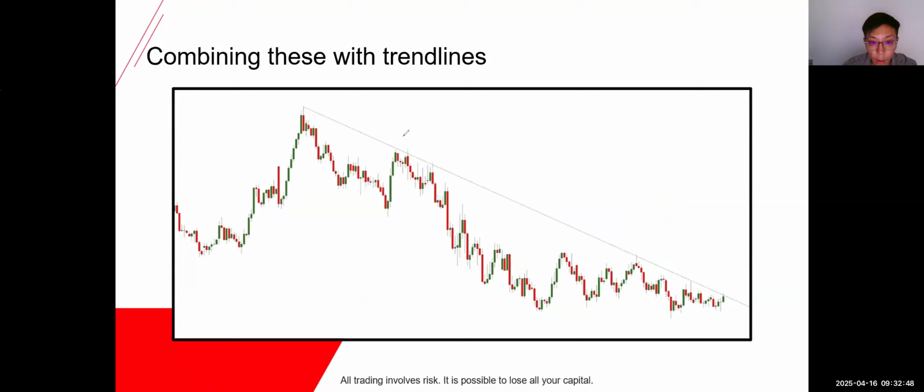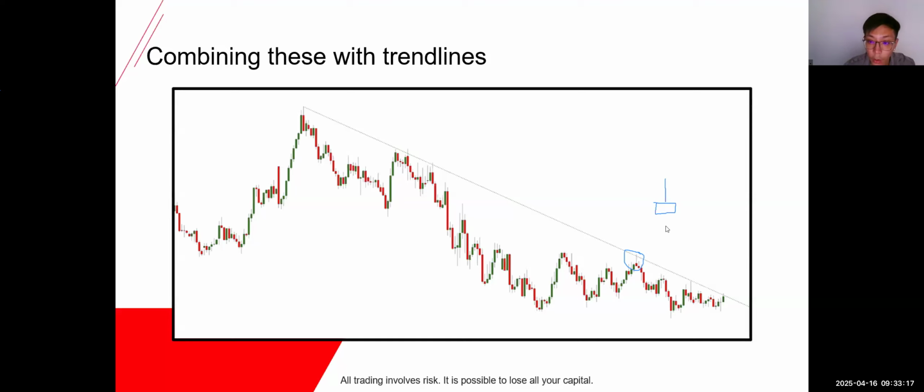Because trend lines, you can see each time, let me try to find a trade. Yeah, you see right here. This is the one, remember, this long wick, and then we have a bearish body. So this is an inverted hammer.